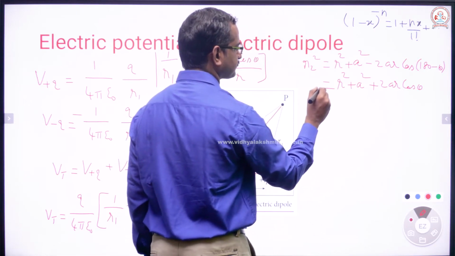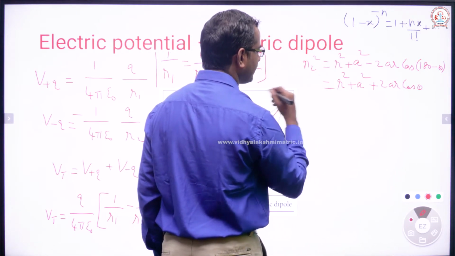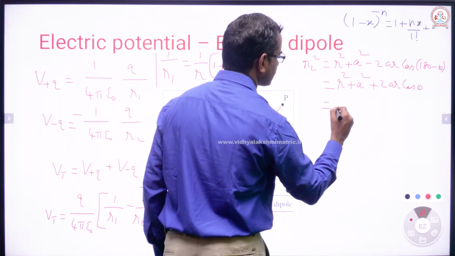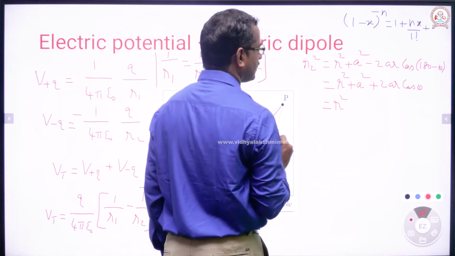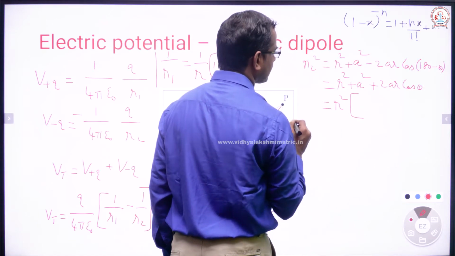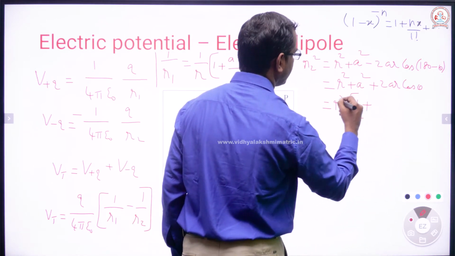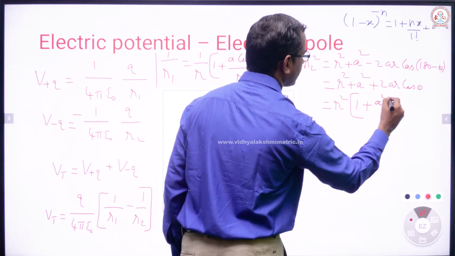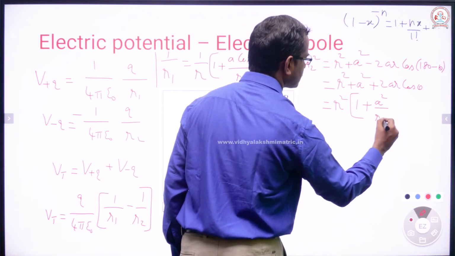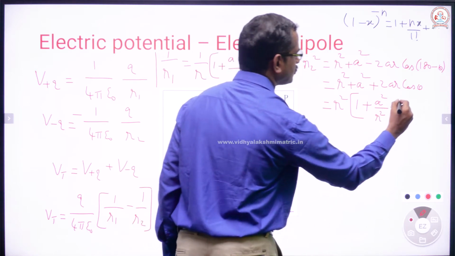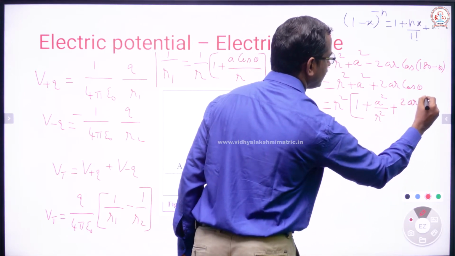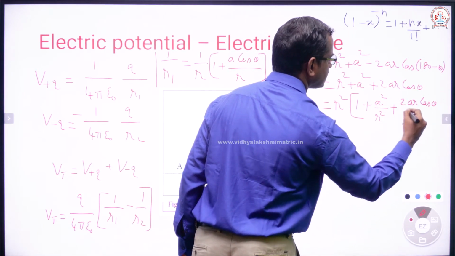Here, just like the previous case, we are taking r square as common. If you take r square as common, we get 1 plus a square by r square plus 2a cos theta by r.